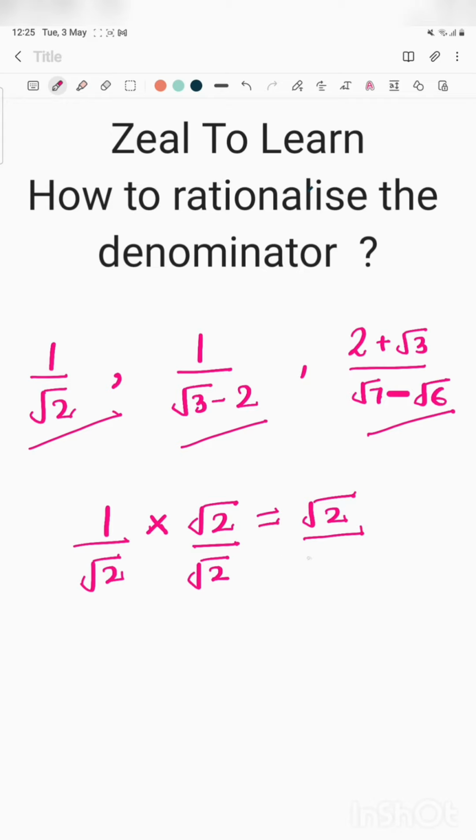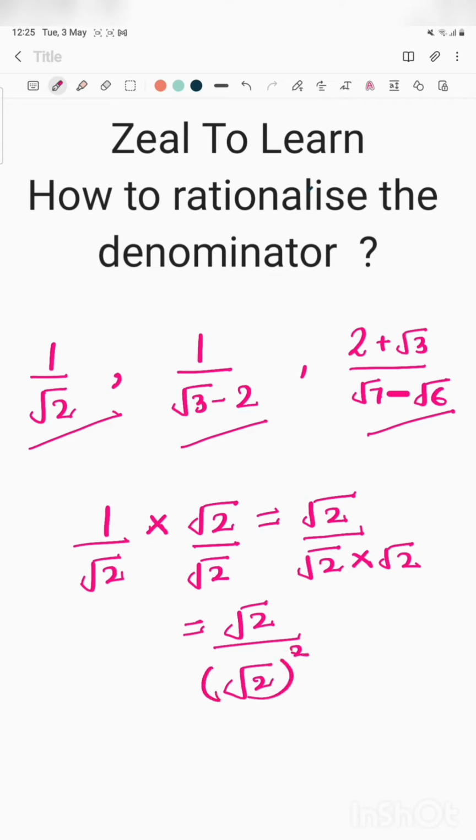And in the denominator you will have root 2 into root 2. So what will we get? We will get root 2 upon root 2 whole square.